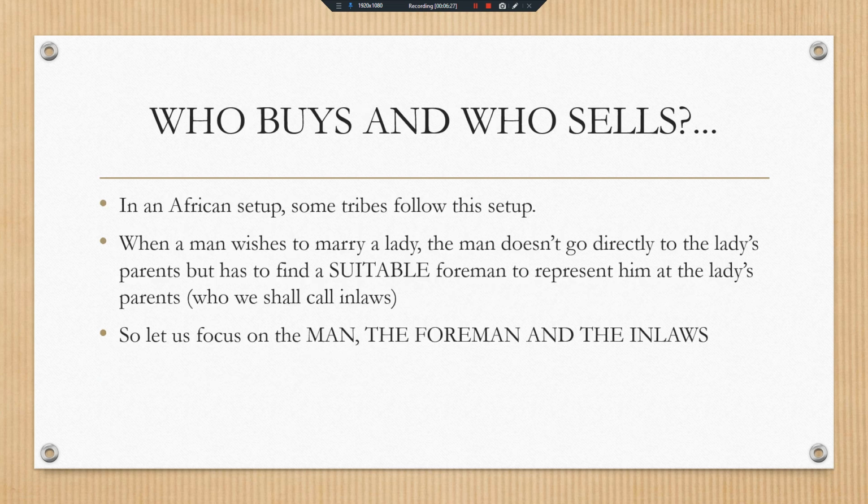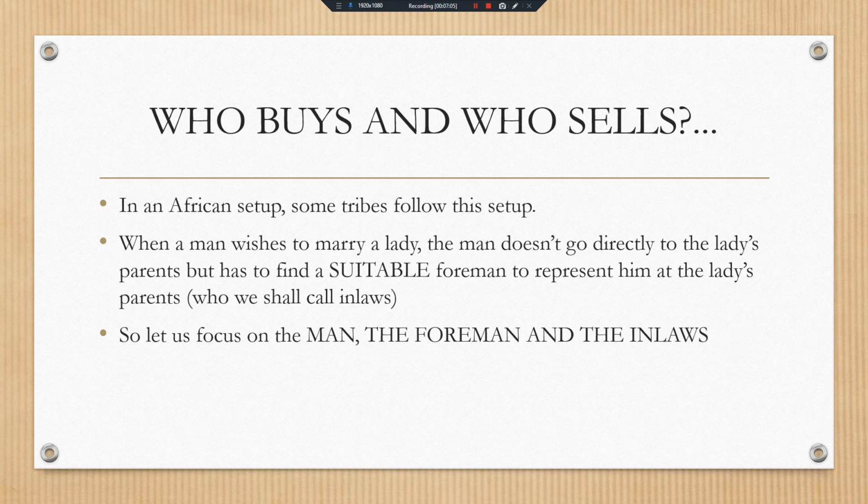Let me give a practical example of what brokers are. In Africa, I don't know if it's the same as in my country, but I think in most African countries, when you want to marry somebody, especially for those that have really followed the culture, understanding how it's done, normally, if I want to marry a certain lady, I can't go direct to the parents of that lady and tell them I want to marry your daughter.